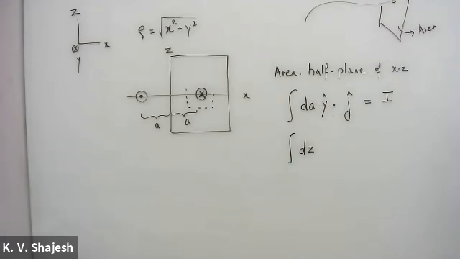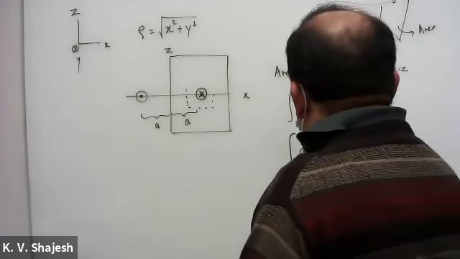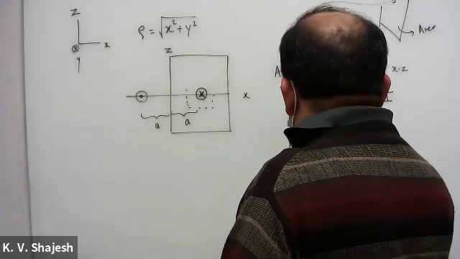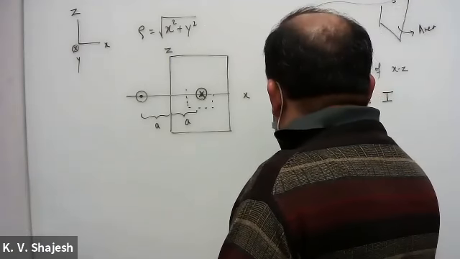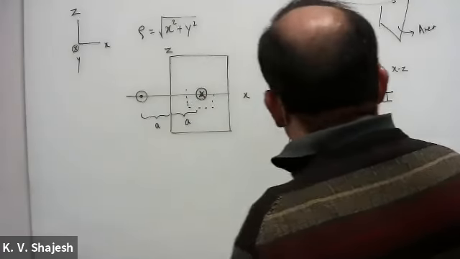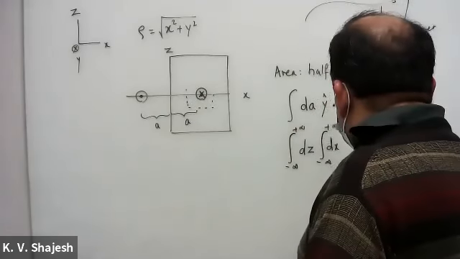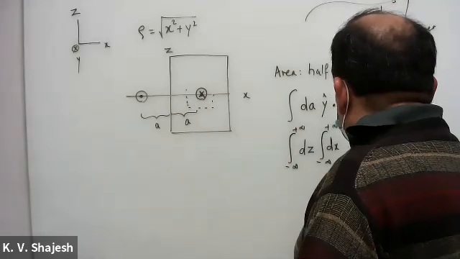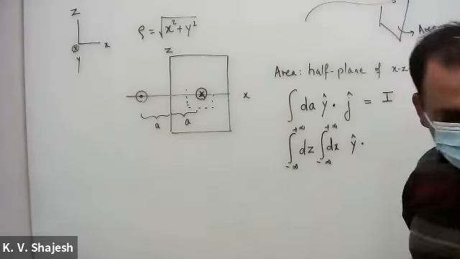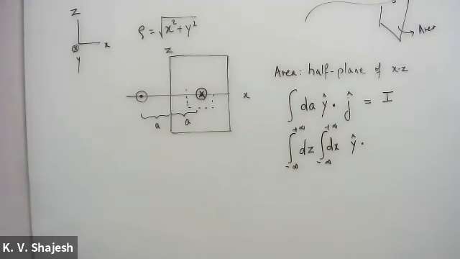So this is dz times dx, going from minus infinity to plus infinity, minus infinity to plus infinity, and I have y hat times j hat. So I should actually go back and fix something, right? There was a small error, small or big error, I would say.